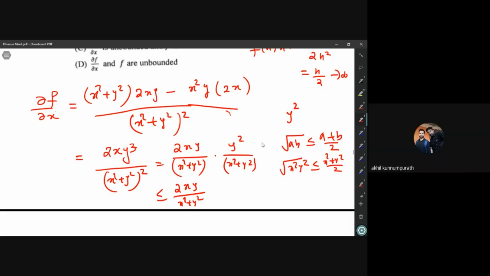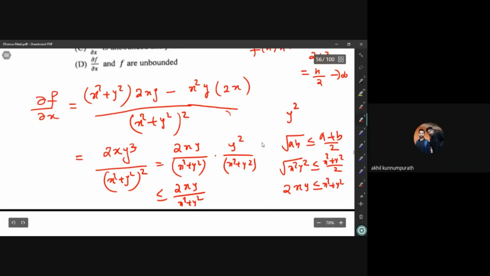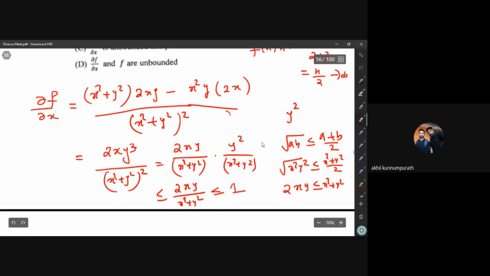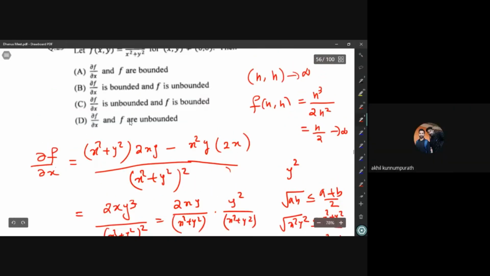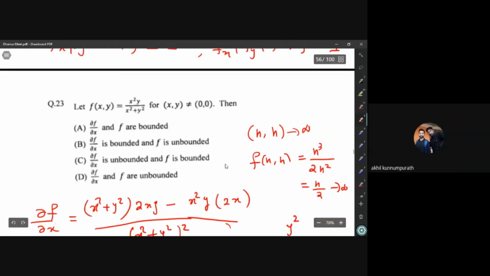So 2 times xy is less than or equal to x square plus y square. Again, you divide by x square plus y square. So this quantity is less than or equal to 1. So you understand? What you got: dou f by dou x is bounded, while f is unbounded.